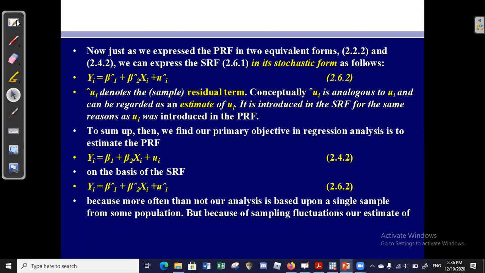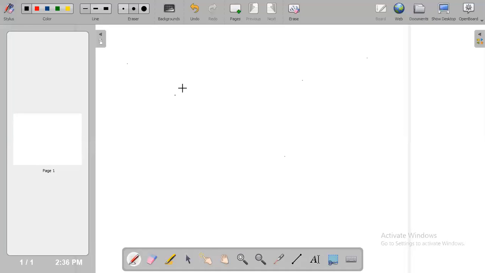if I can just write it like this, for example, yi equal to beta naught plus beta 1 xi plus ui.